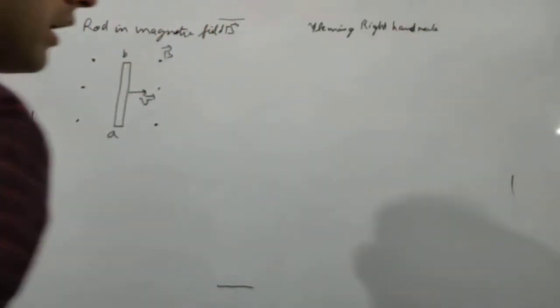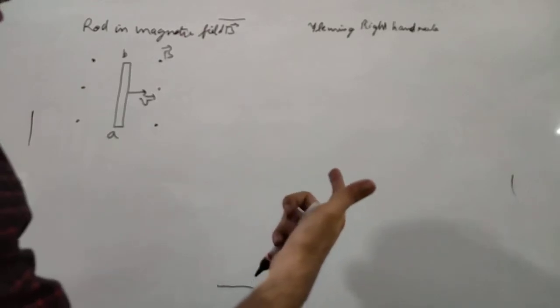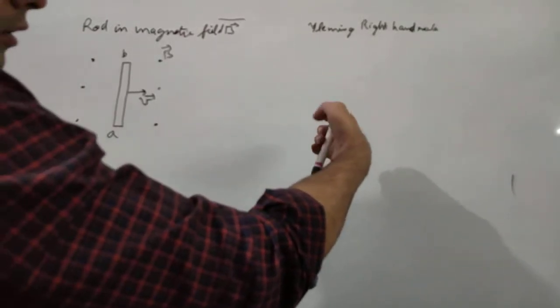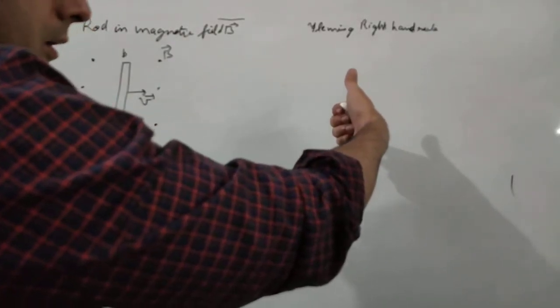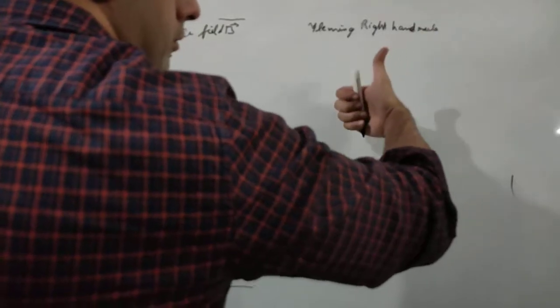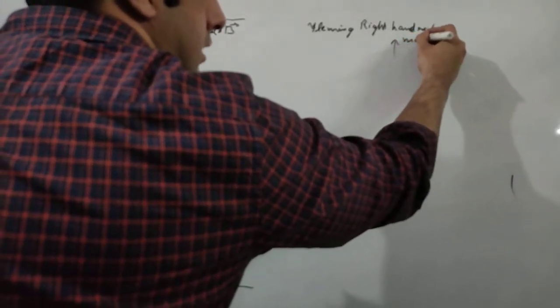Just like the left hand rule, here also we will use our thumb, first finger and middle finger, and the thumb will give us the direction of the motion of the conductor. So if I do it like this, the upward direction will be, let us say, the thumb.